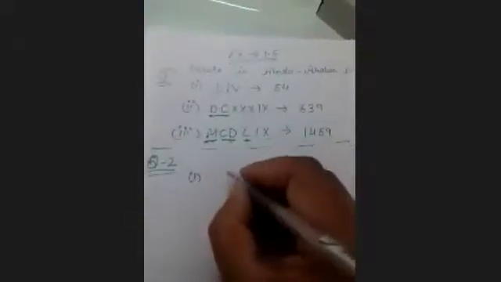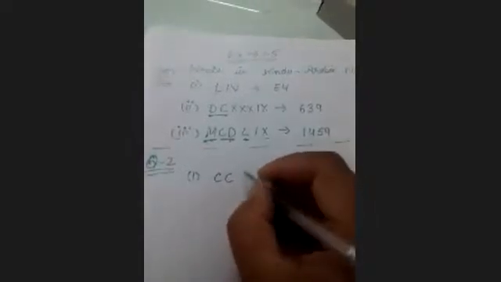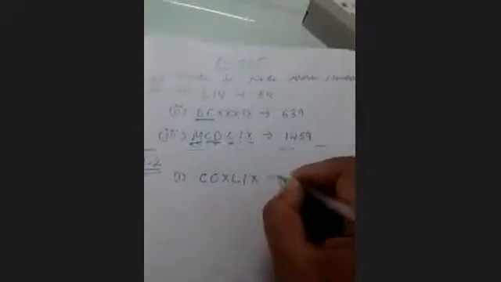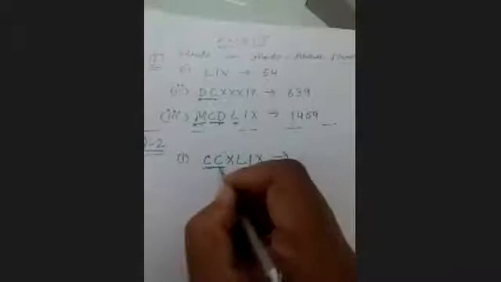Clear, students? Now, the second question. Again, write in Hindu Arabic numerals. Second question, first part is CCXLIX. CC is 100 plus 100, 200.